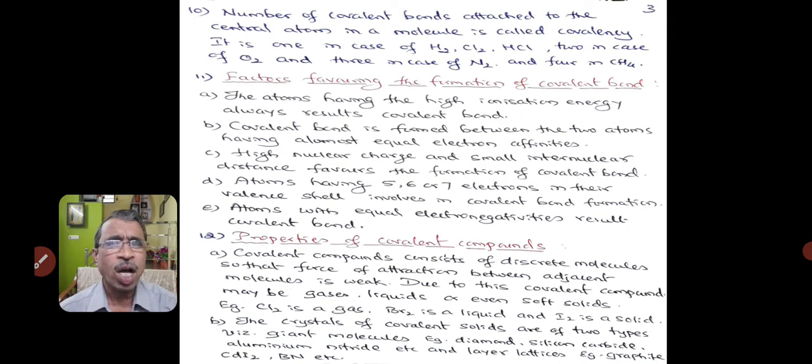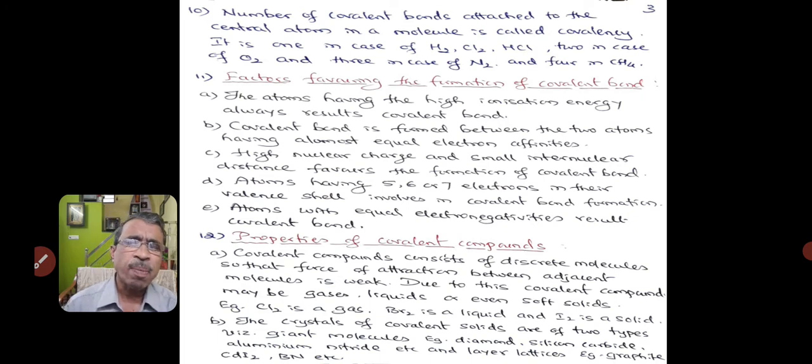High nuclear charge and small internuclear distance favor the formation of a covalent bond. Atoms having 5, 6 or 7 electrons in their valence shell are involved in covalent bond formation. Atoms with equal electronegativities result in covalent bonds.